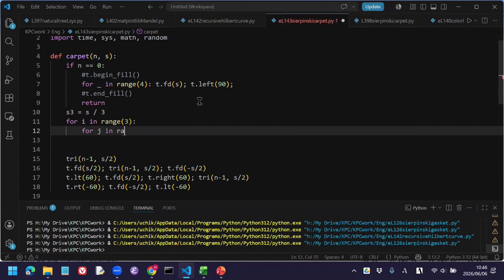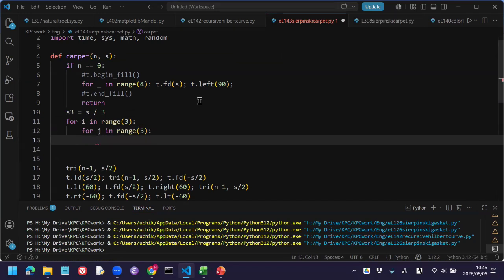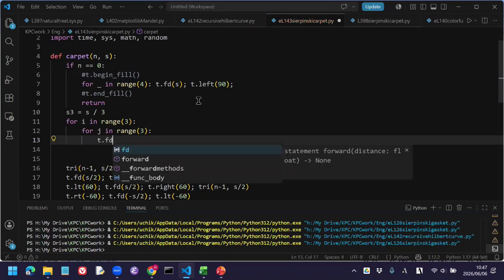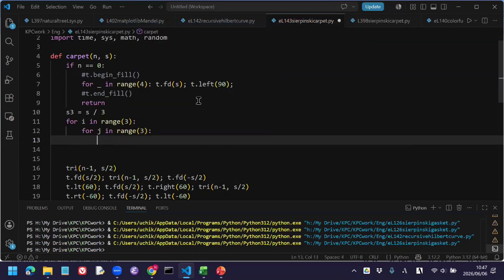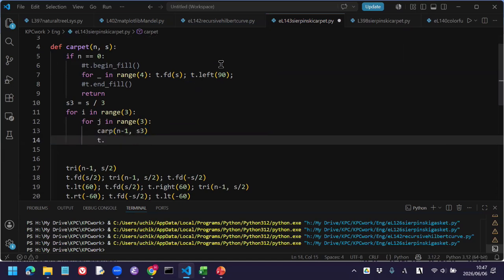So for j in range 3, we do t.forward, carp of n minus 1 and s over 3, and then t.forward by s over 3.